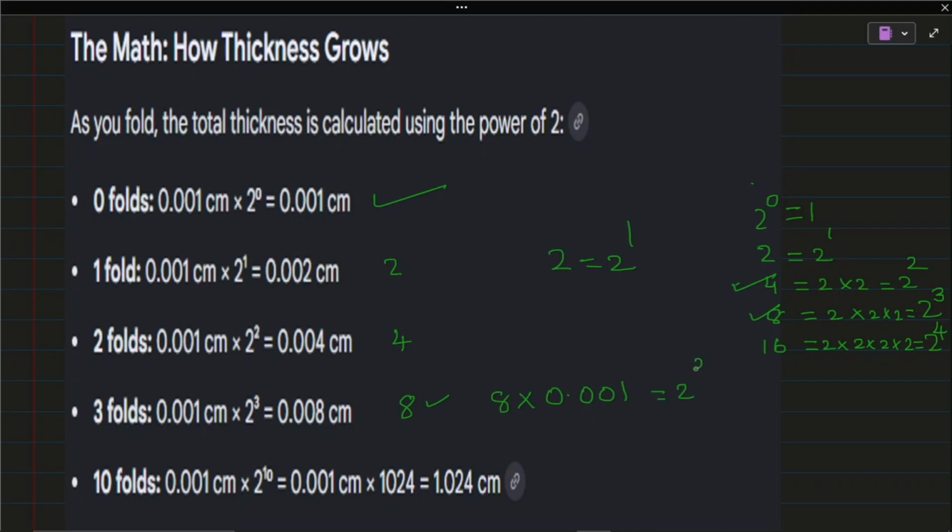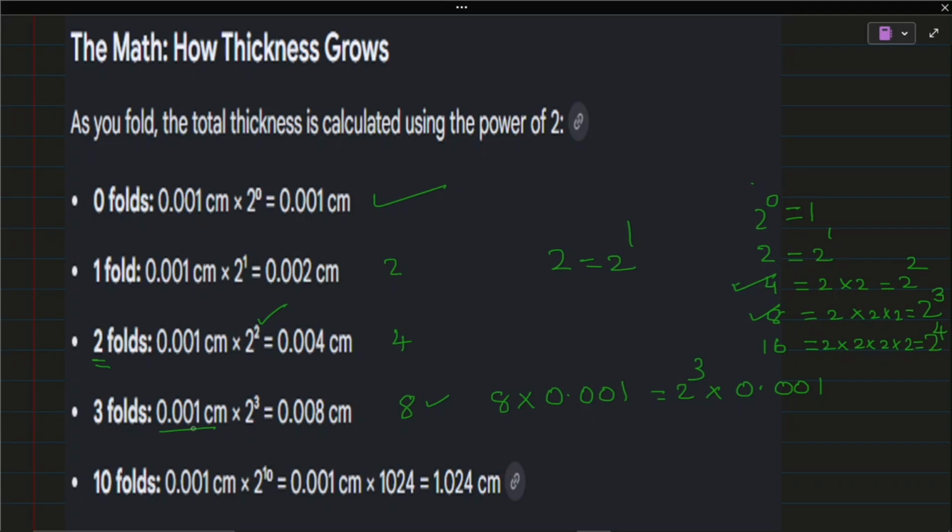So 2 cube multiplied by 0.001. So we are getting a pattern. First fold thickness is 2 raised to 1 multiplied by the initial thickness. In the second fold, the power is 2: 2 to the power 2, or 2 square, multiplied by the initial thickness. Third fold, at that time the power of 2 becomes 3: 2 raised to 3 multiplied by the initial thickness.